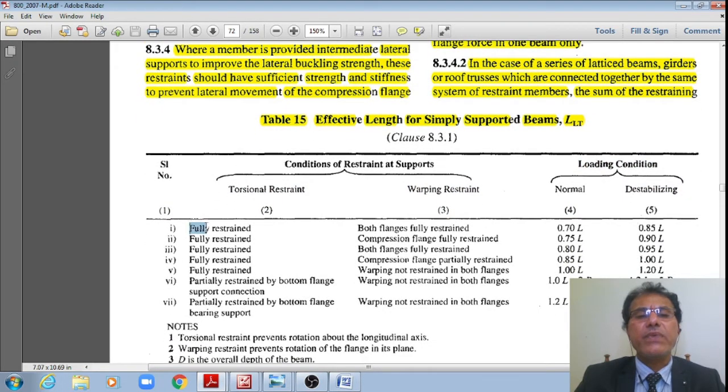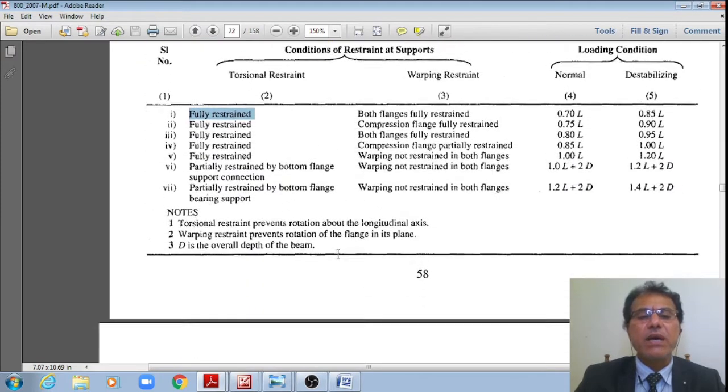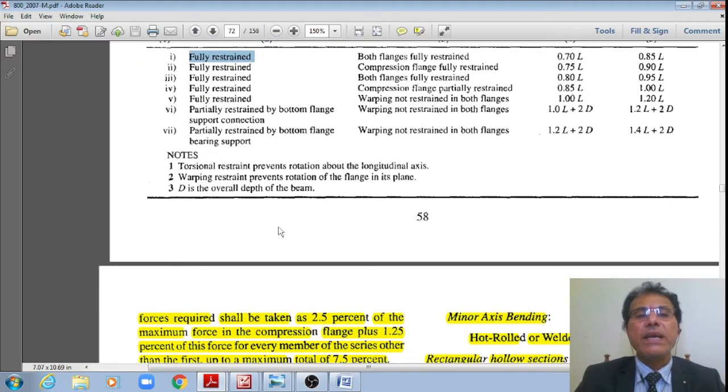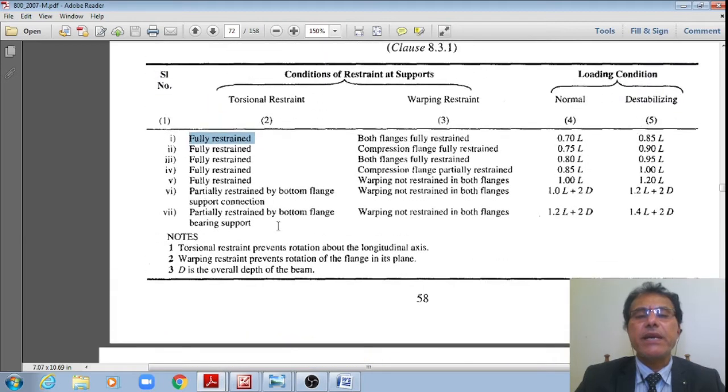right? First one is torsional restraint fully restrained, and the warping restraint both flanges fully restrained, right? Means if at all it is a welded plate girder section, then torsional restraint as well as the warping restraint. Now we'll see how we'll get the torsional restraint as well as warping restraint, right?